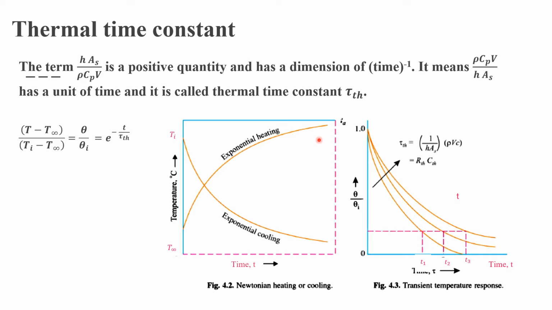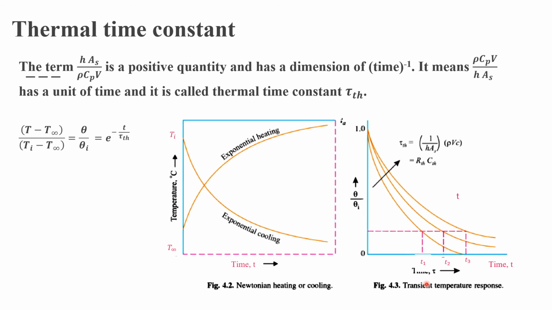That is, during the heating or cooling process, the temperature varies exponentially. That is what is explained in the graph. If I take the heating process, Ti is the initial temperature, which is very low, and as time goes on, the temperature also increases exponentially. Similarly, the cooling process is also exponential.